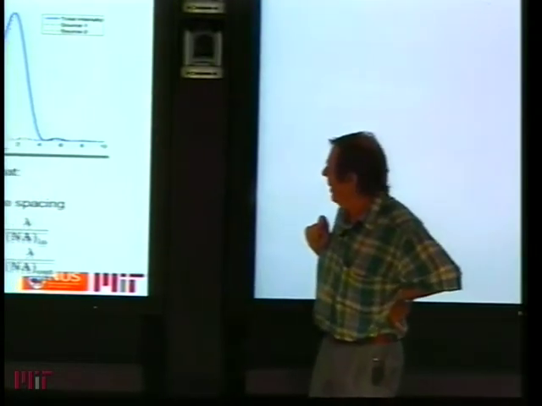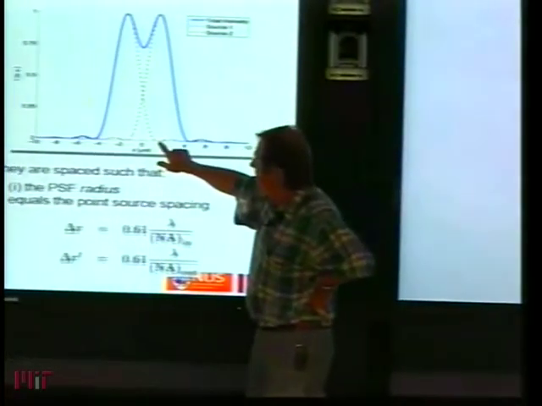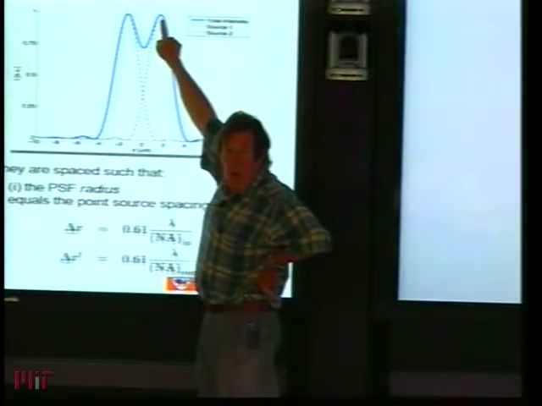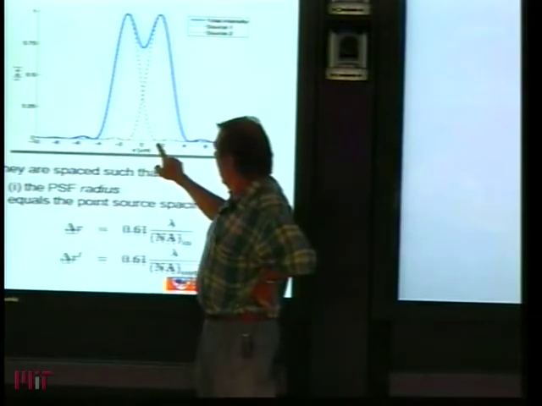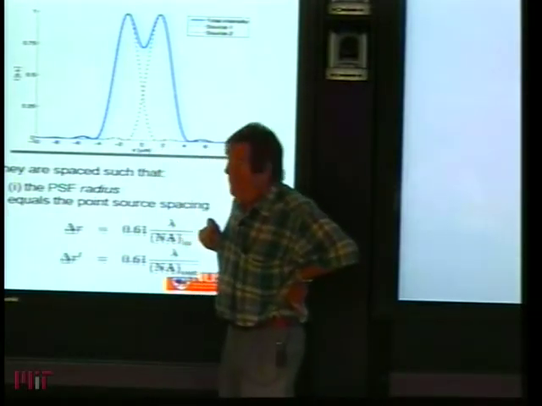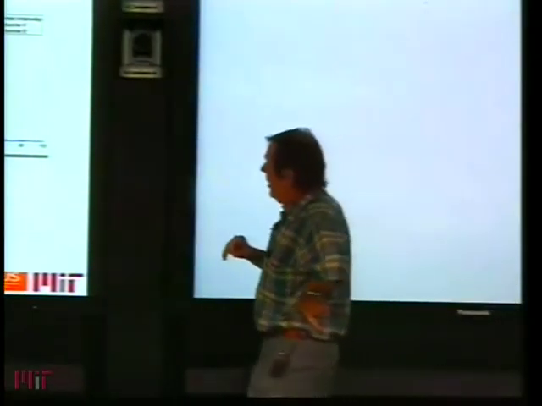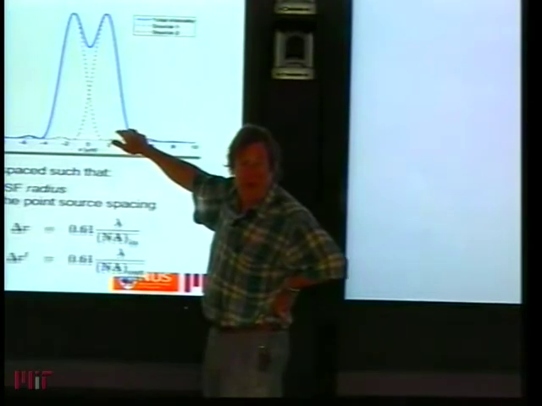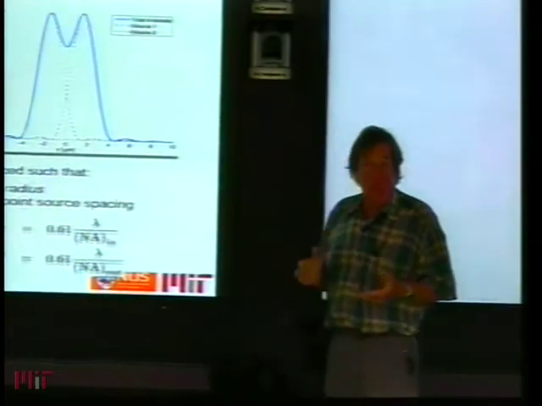The other interesting thing is that because the other image is zero at this point, this maximum is exactly 1. It's just the one point with no contribution from the other. Anyway, that is arbitrarily taken as the definition of the points being just resolved. So we say that if they're any closer together than that, you can't resolve them.